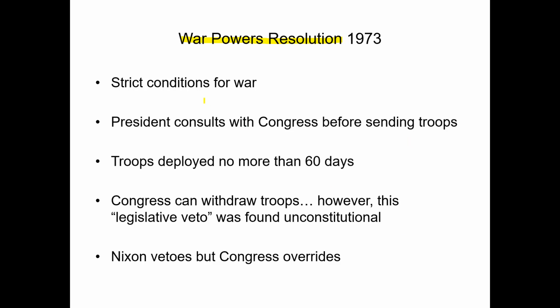And they passed what was called the War Powers Resolution in 1973, which set strict conditions for war, fairly logical there. The president has to consult with Congress before sending troops. Troops deployed no more than 60 days, and the Congress can withdraw the troops.